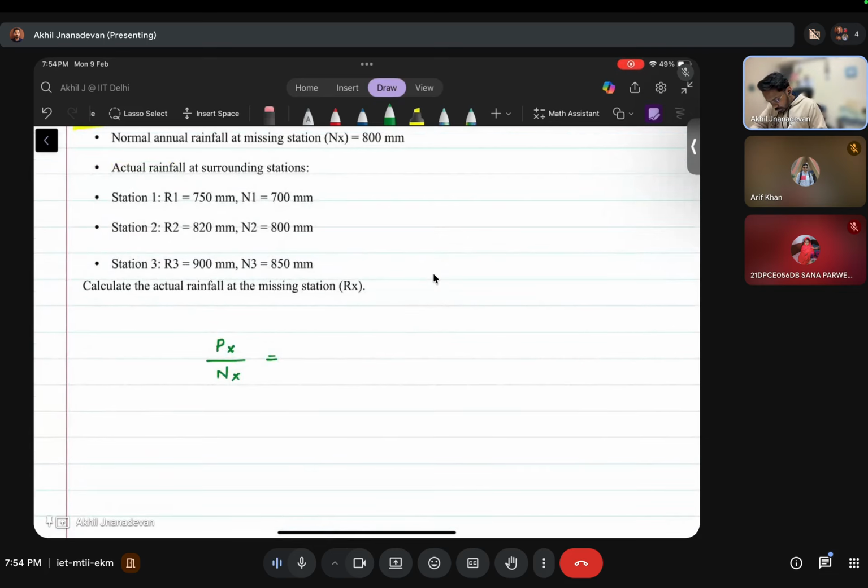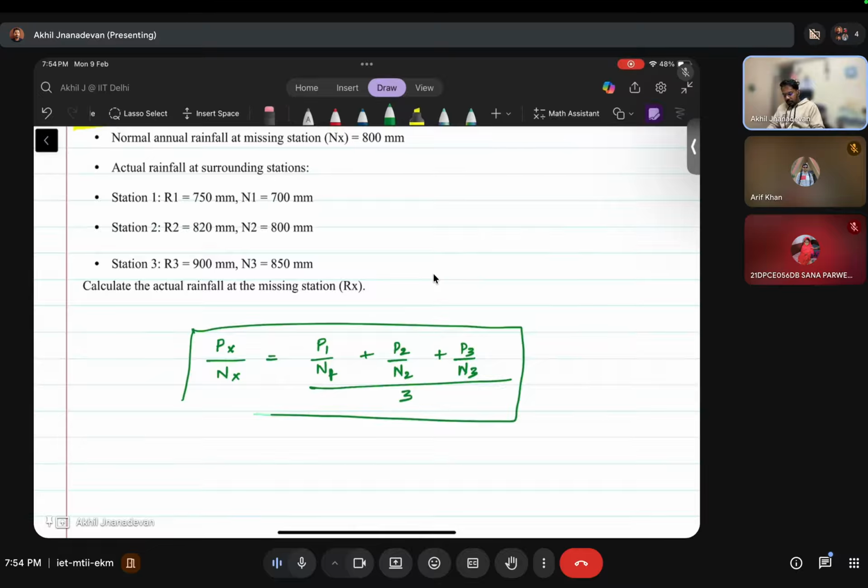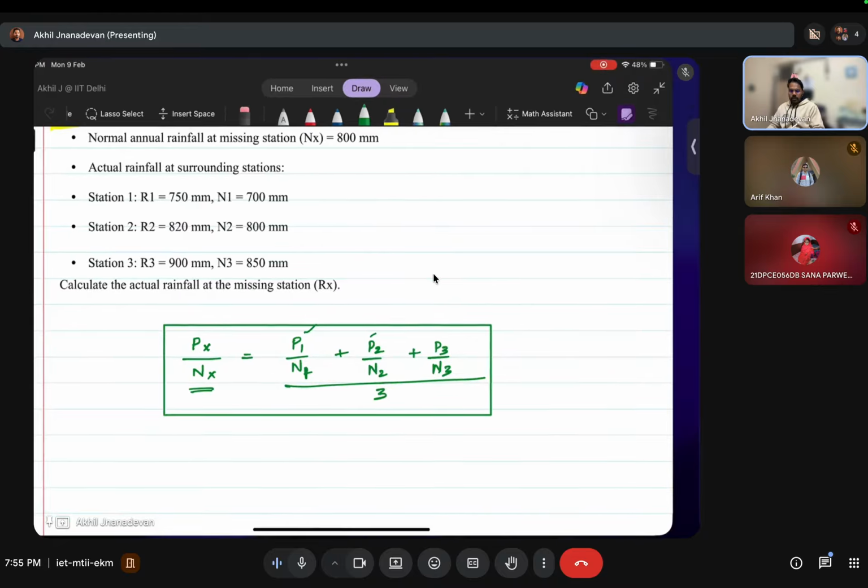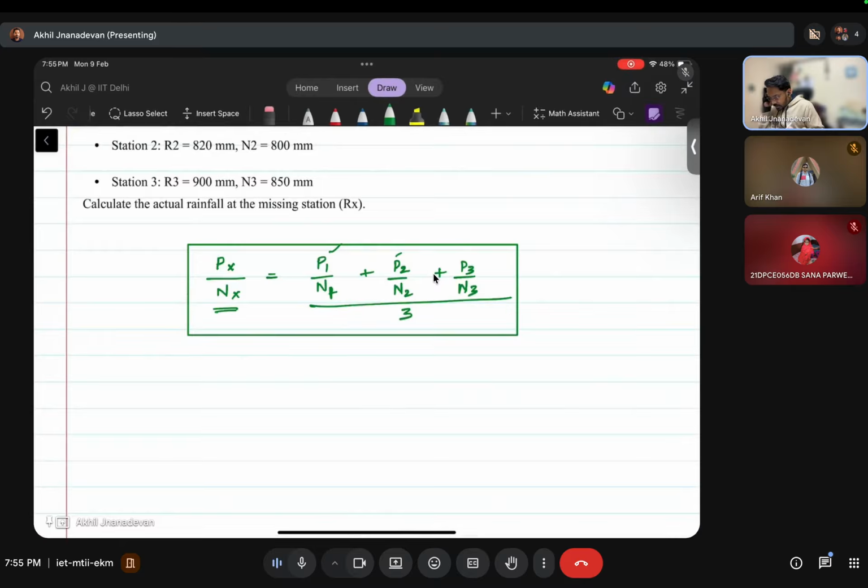So it is the average of P1 by N1, P2 by N2 plus P3 by N3, divided by 3. The ratio of precipitation to the normal value at any location equals the arithmetic average of those ratios. We know these ratios for three locations, and their average equals the missing location's value. So we can apply this directly.